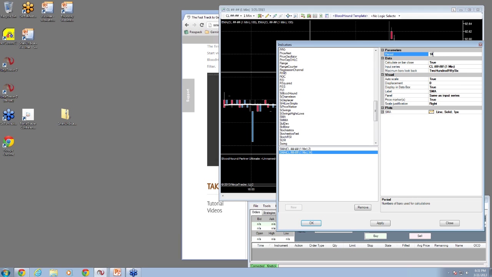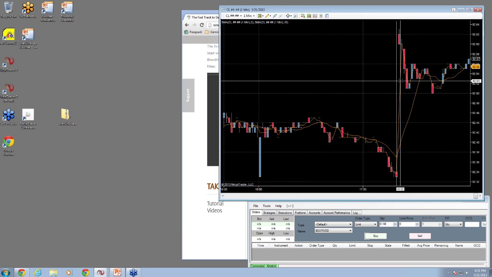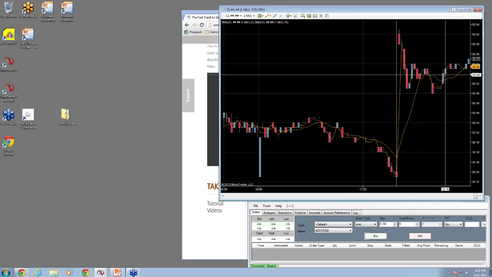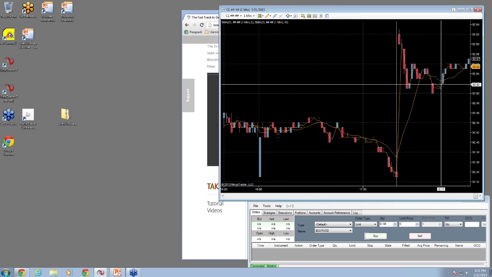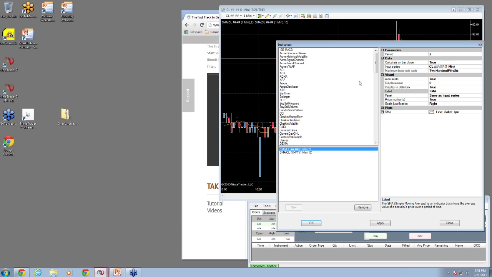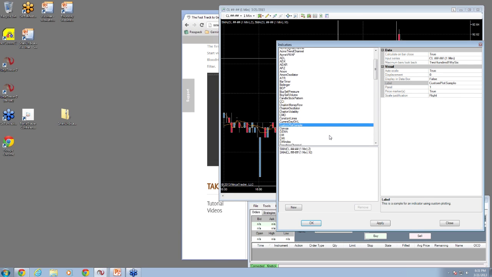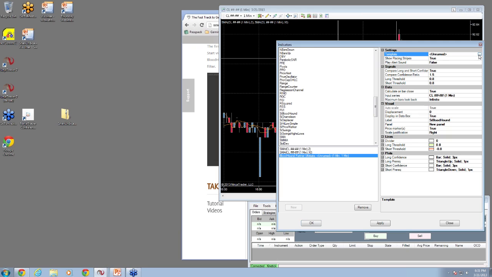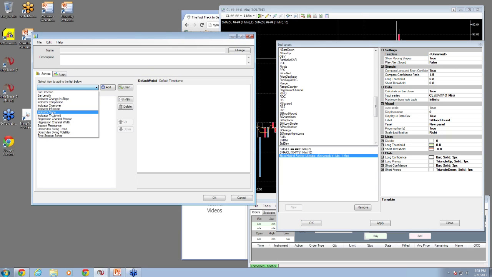This is a really fast 2/10 cross. Okay, so I've got two indicators on there. Sorry, it's not super clear, but we've got these crossovers. I want to throw together a real quick system using a crossover between those two moving averages.